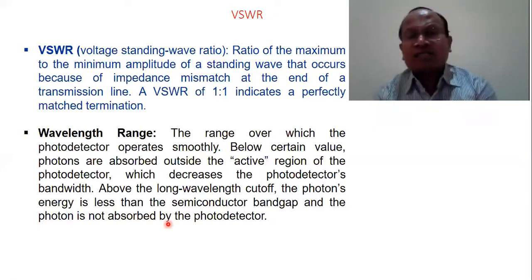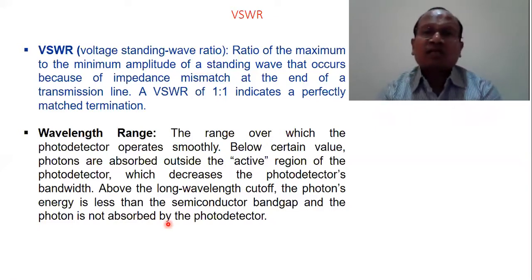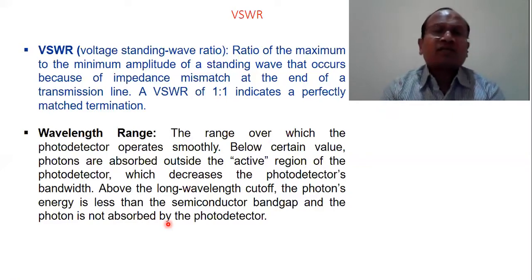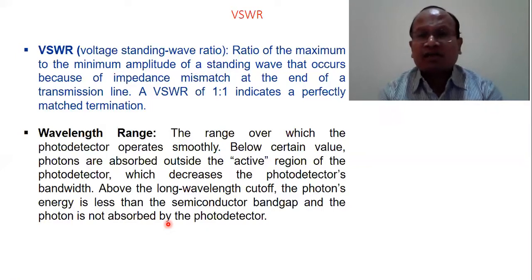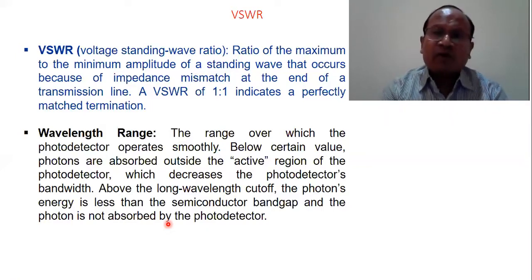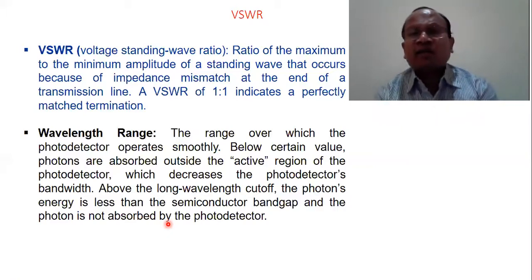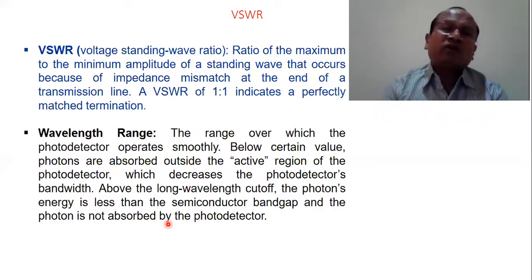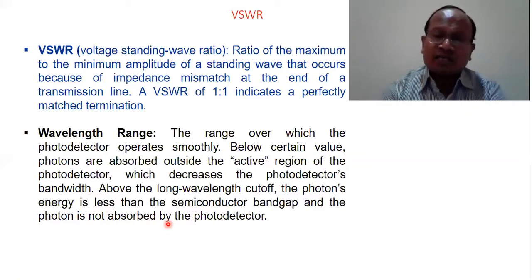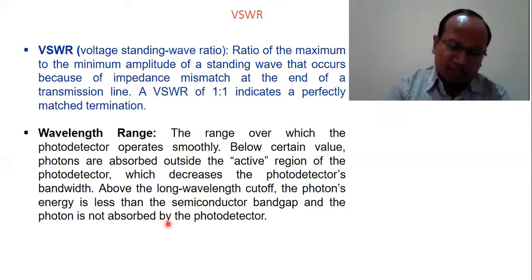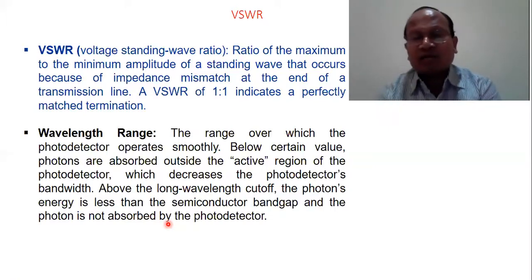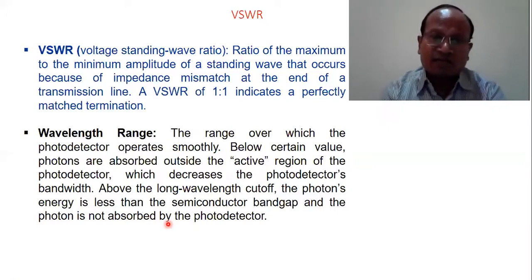So let's summarize this lecture. This lecture is all about the characteristics of optical detectors. While choosing an optical detector, evaluating its performance, or classifying it, what are the characteristics which are responsible in the process? Those are called optical detector characteristics.